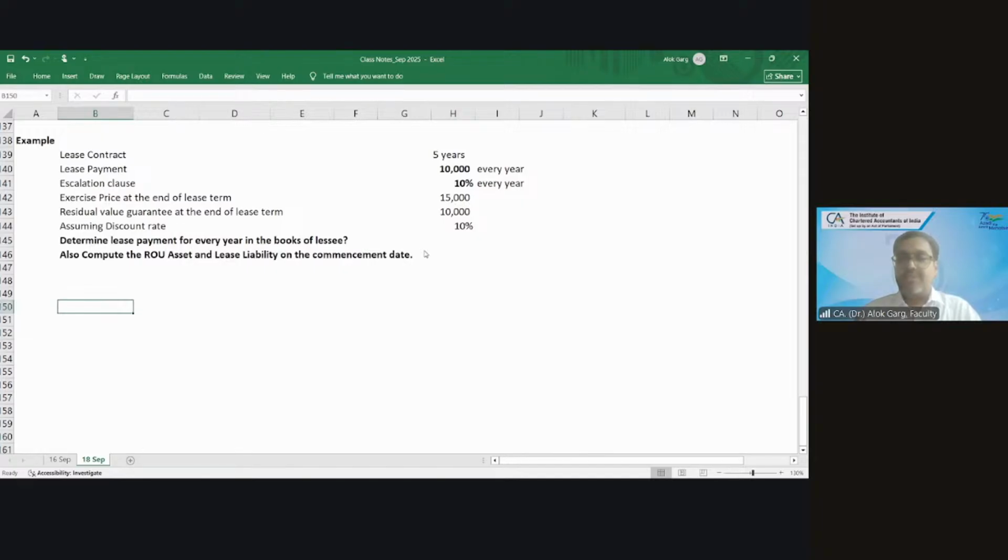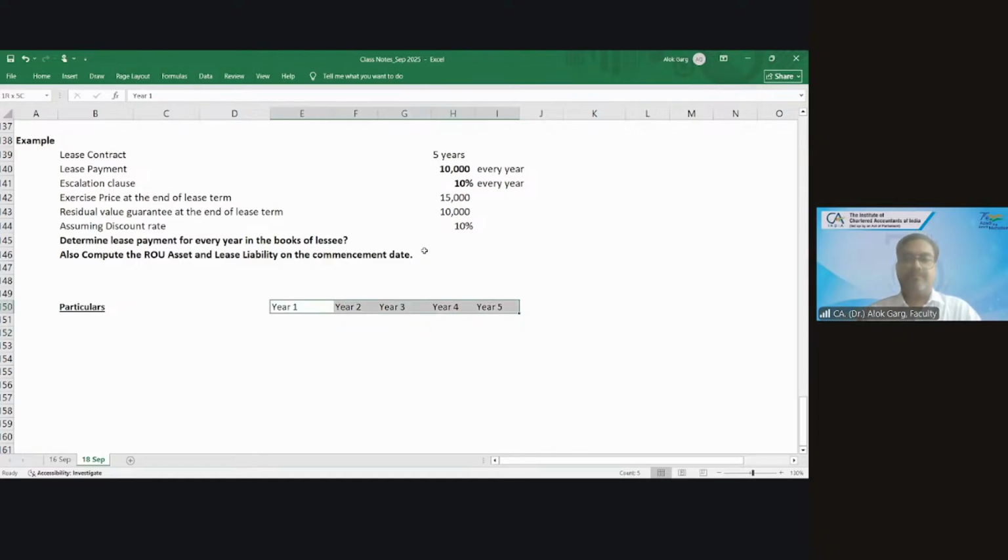Shall I solve this question? Karun, solve this. Yes, sir. Particulars, then year 1, 2, 3, 4, 5.